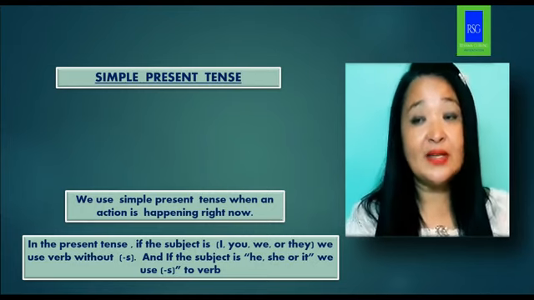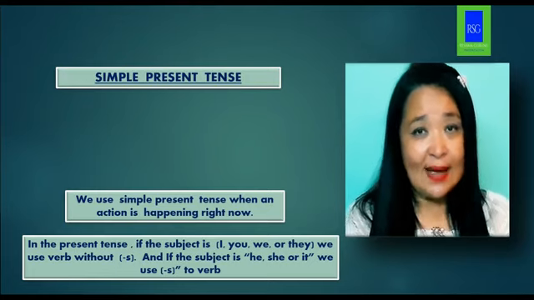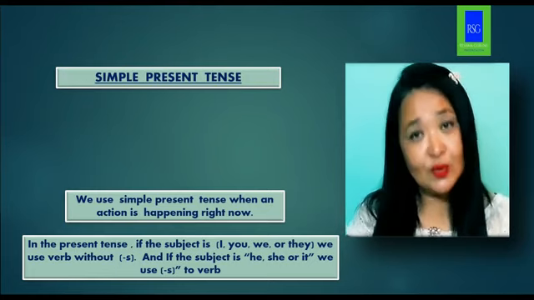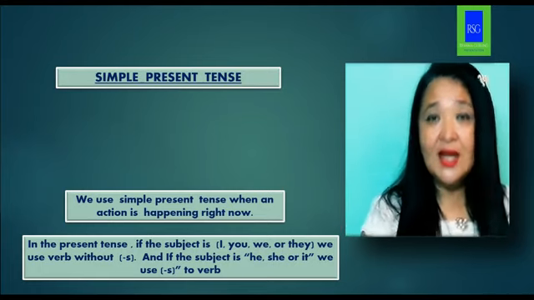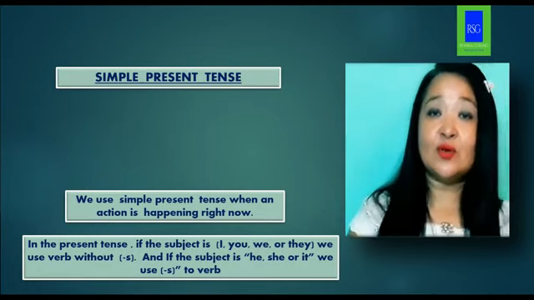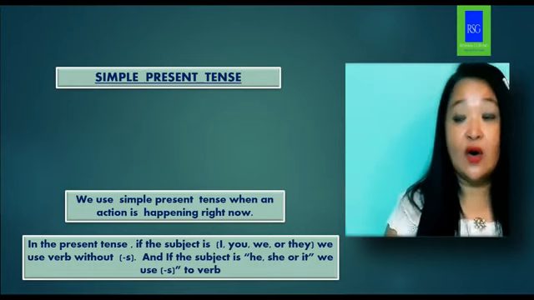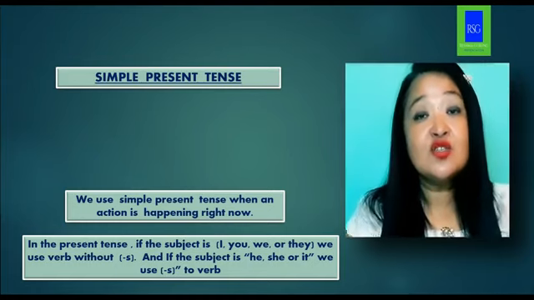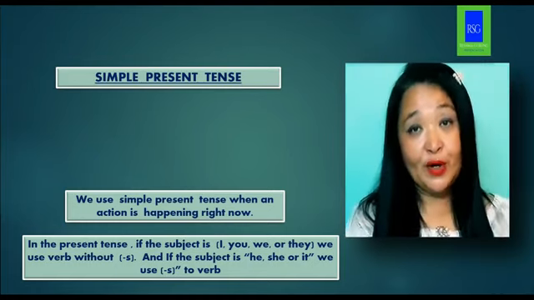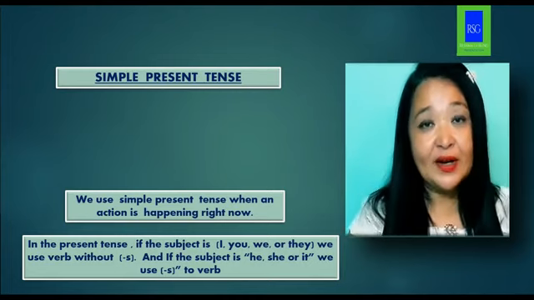By structure I mean, for example, in mathematics also, to do certain sums you have certain formulas, right? Like that, in the English language also, when we are doing an exercise on different types of sentences, there are certain structures that we have to follow. Understood?